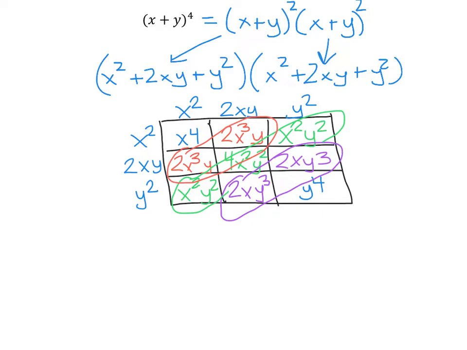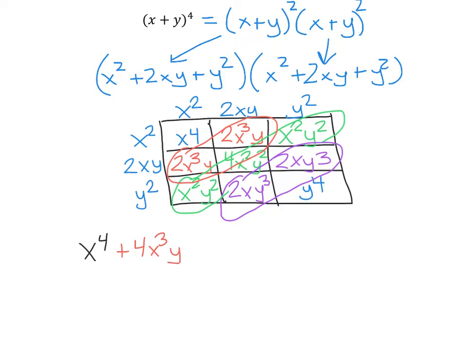This first term here is x to the 4th. And I have the sum of 2x cubed y plus 2x cubed y, which is a total of 4x cubed y.